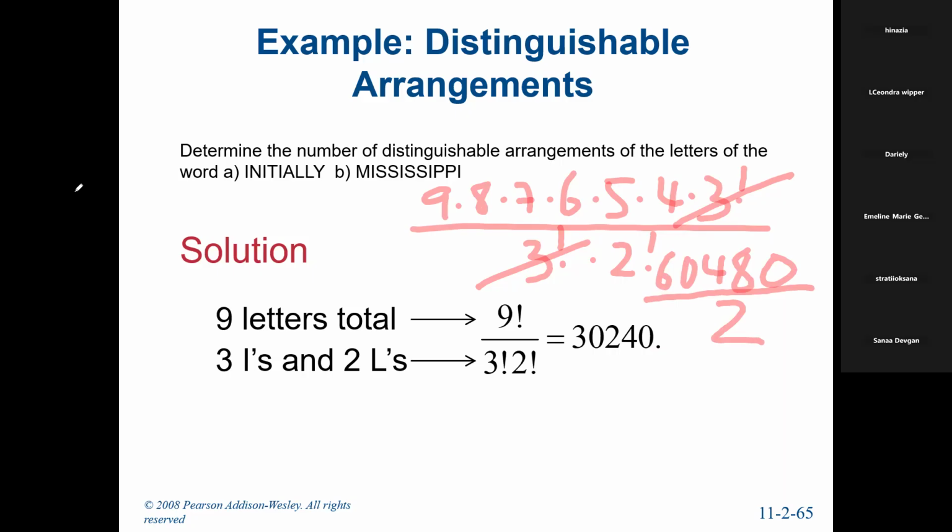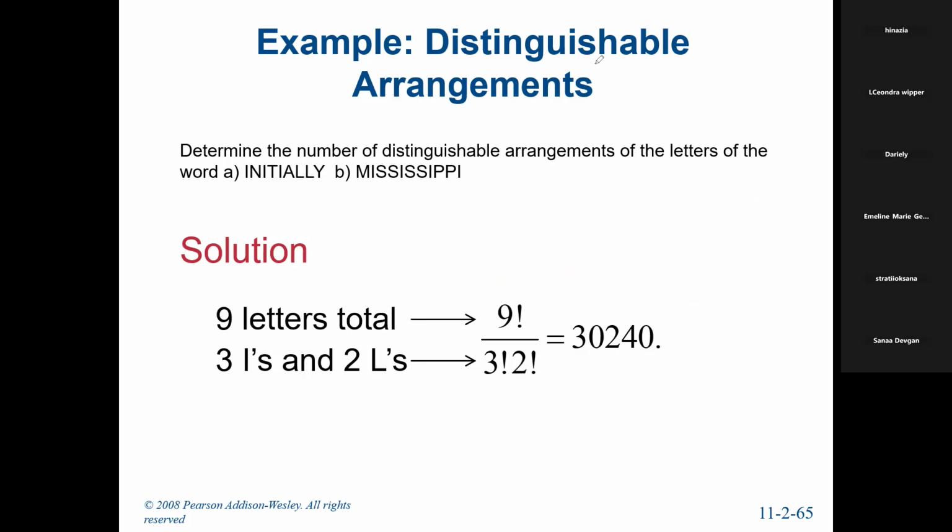Now, B, Mississippi. Okay? Got that word. Mississippi. This is the word, all right? Mississippi. 1, 2, 3, 4, 5, 6, 7, 8, 9, 10, 11.